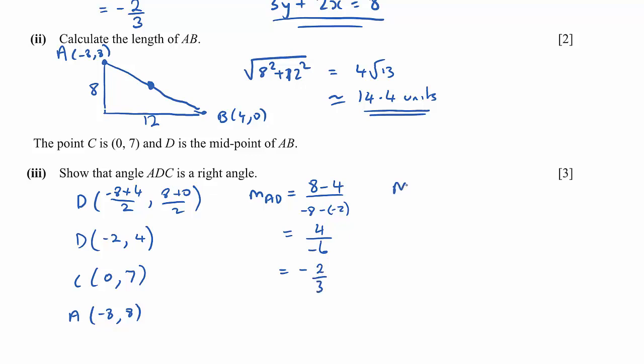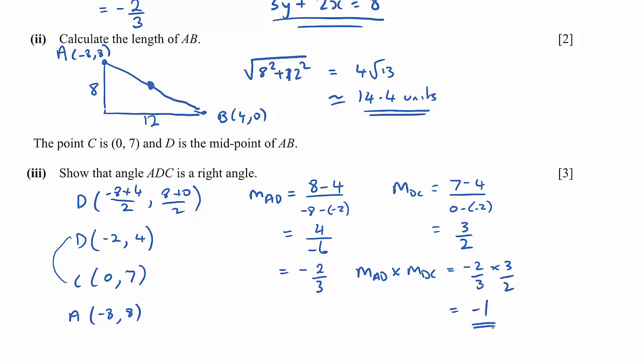And then we'll do the gradient of DC, using these 2 points here. So we'll have 7 take away 4 divided by 0 take away -2, which is 3 over 2. And then if I do mAD multiplied by mDC, that gives me -2/3 times 3 over 2, which is -1. And that does it because when we multiply the gradients of perpendicular lines, we get -1.